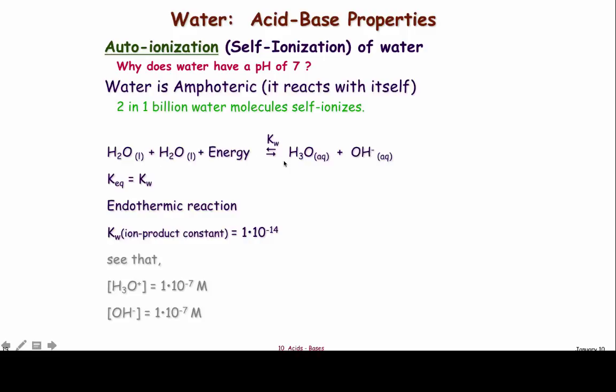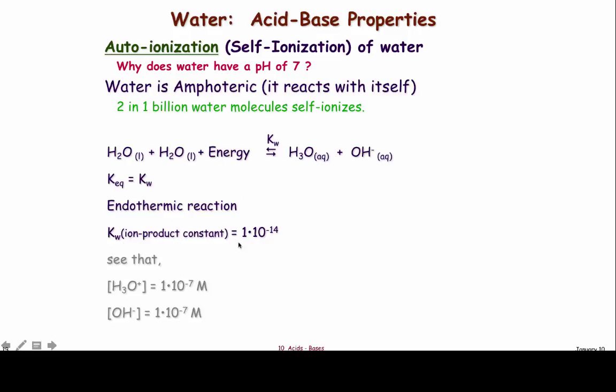And this reaction right here has a Kw, which tells you the efficiency of this reaction. The lower the K value, the Kw in this case, Kw stands for water, the lower that number, the less efficient this reaction goes to the right. The bigger that number, the more likely that reaction will go to the right. Well, guess what?